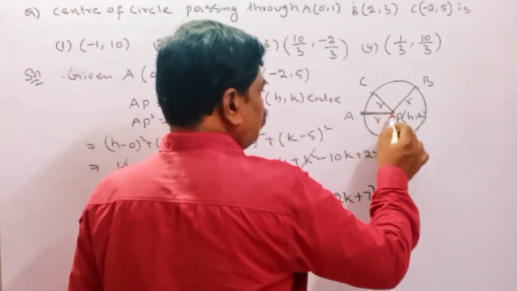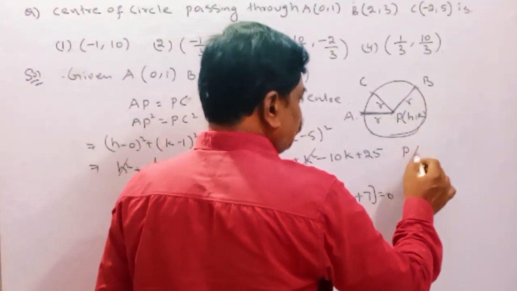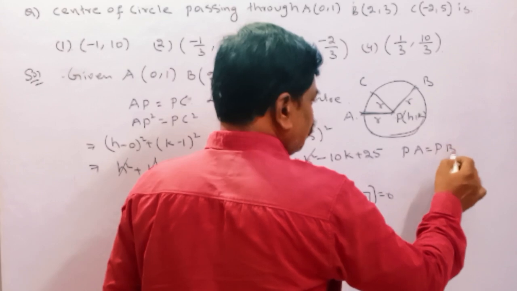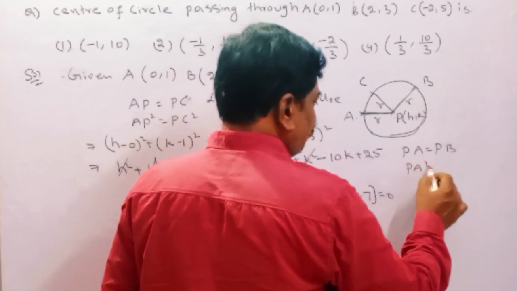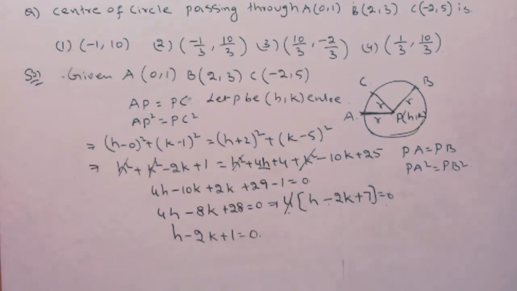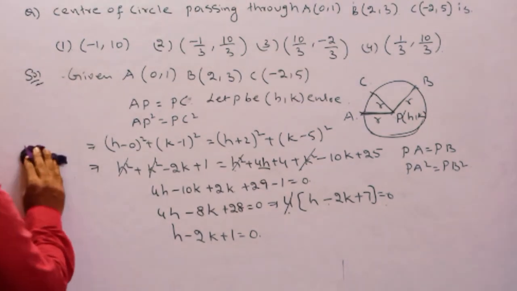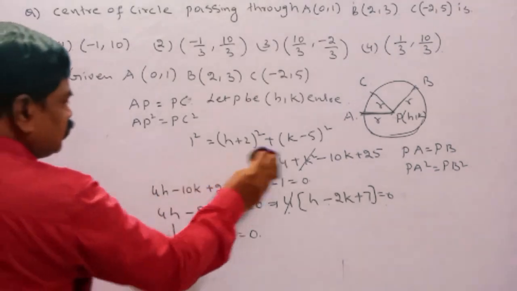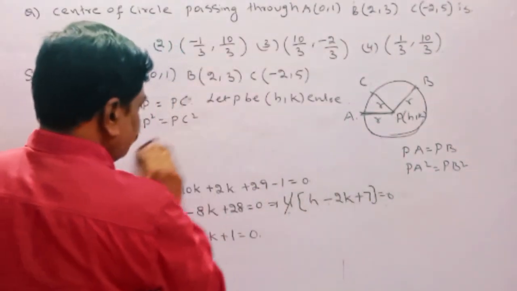PA is equal to PB, so PA square is equal to PB square. Here we get one more equation.